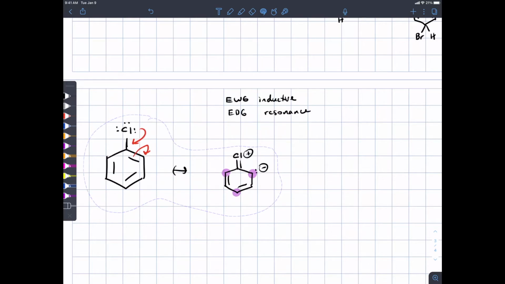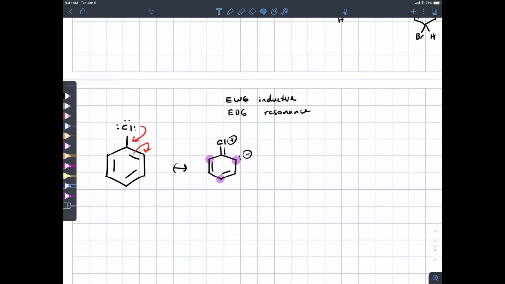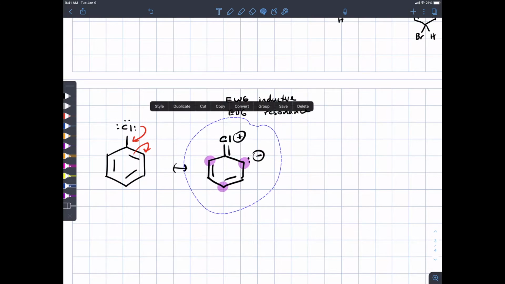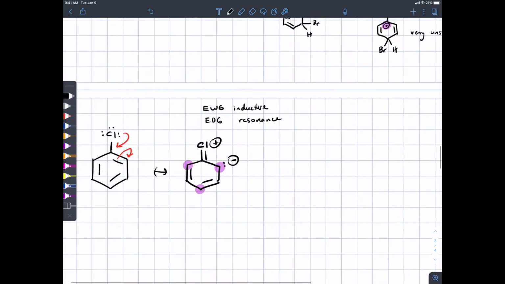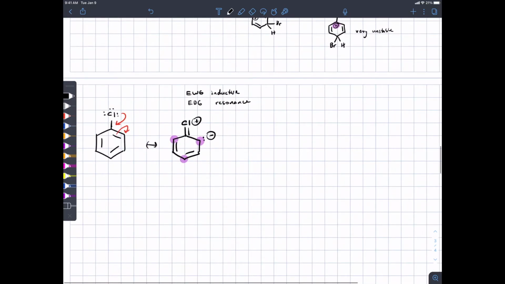Now, that resonance structure looks bad because, and it is, because chloro is electronegative. And so this resonance structure doesn't contribute much to the reactivity of chlorobenzene, which is why the electronegativity effect dominates and chlorobenzene is less reactive than benzene. But when you get to a carbocationic intermediate, the resonance structure where chloro donates electron density into the ring starts to look quite a bit better.